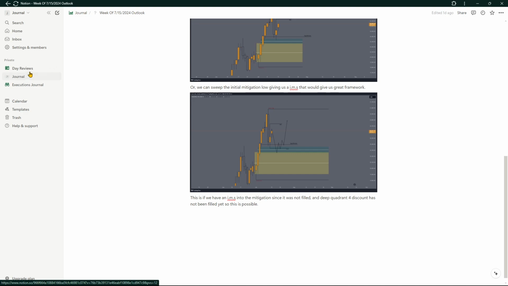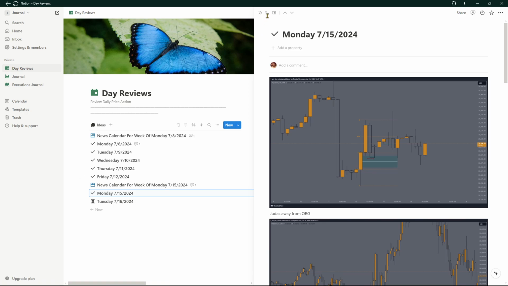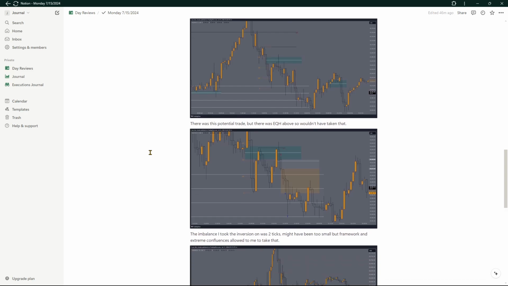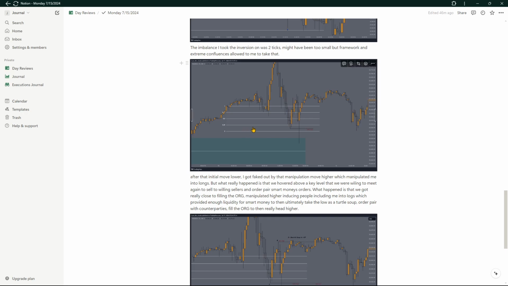I want to connect this to what happened on Monday. Here. The same thing I just spoke about right now. After that initial move lower, I got faked out by that manipulation move higher, which manipulated me into longs. But what really happened is that we hovered above a key level that we were willing to meet.